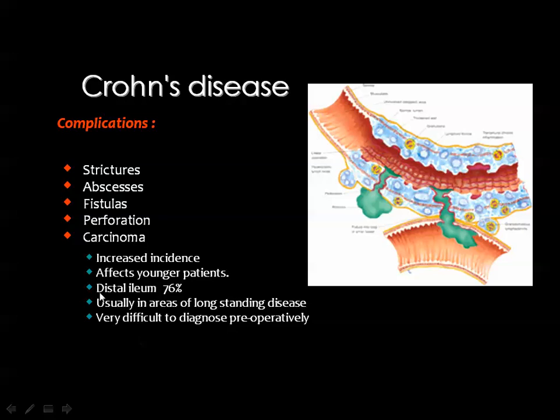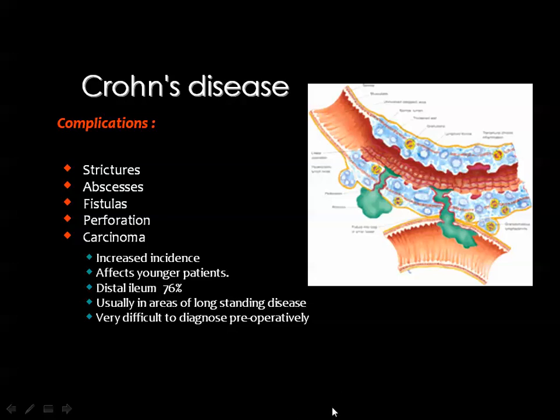And this carcinoma is usually located in the distal ileum, while carcinomas of the small bowel are usually located proximally in the jejunum. And because it is on top of Crohn's disease, and Crohn's disease usually affects the terminal ileum, then there is an increased incidence of carcinoma in the distal bowel in patients with Crohn's disease.